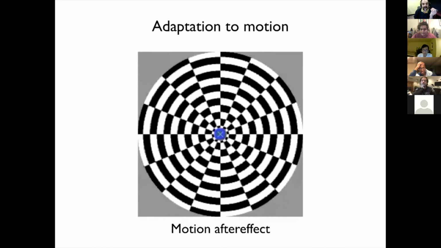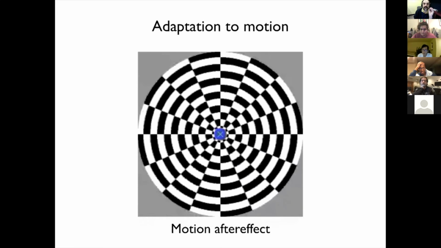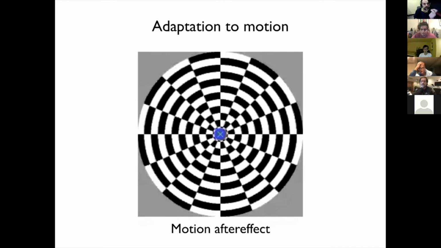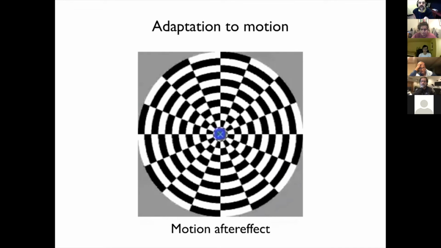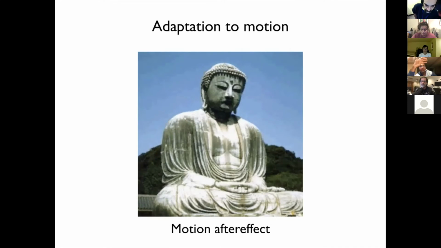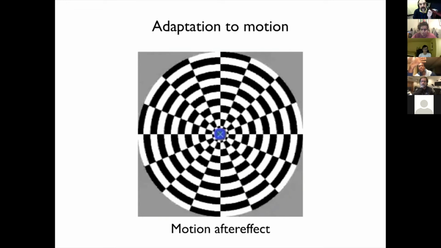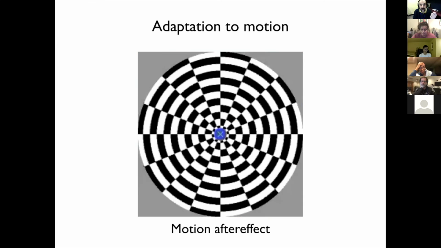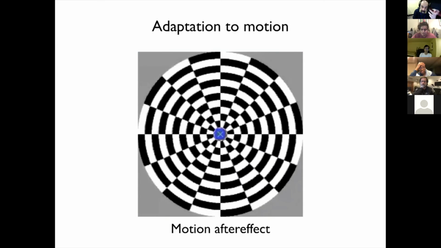Adaptation shows you that there is a structure in your brain that selectively responds to motion, and you can adapt those structures out. And this has been a very valuable tool in studying how motion is decoded or encoded in the brain.